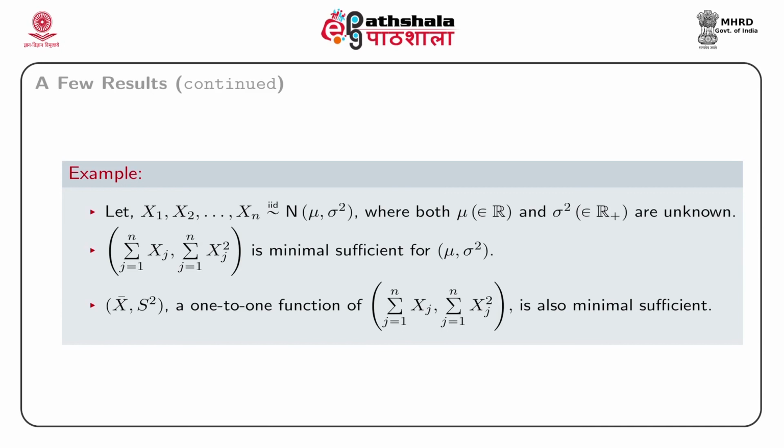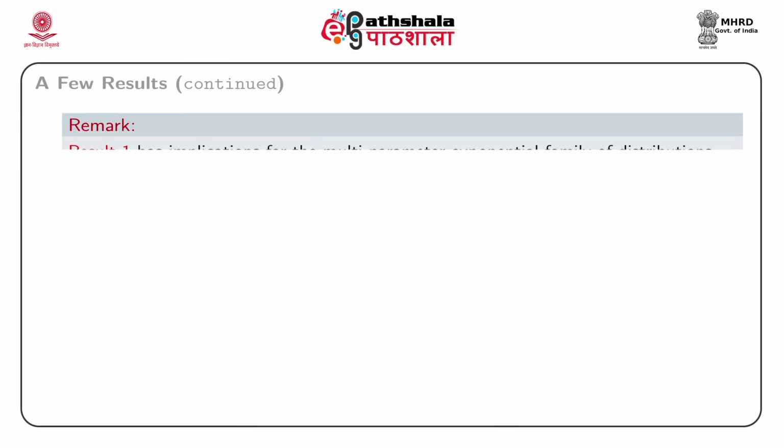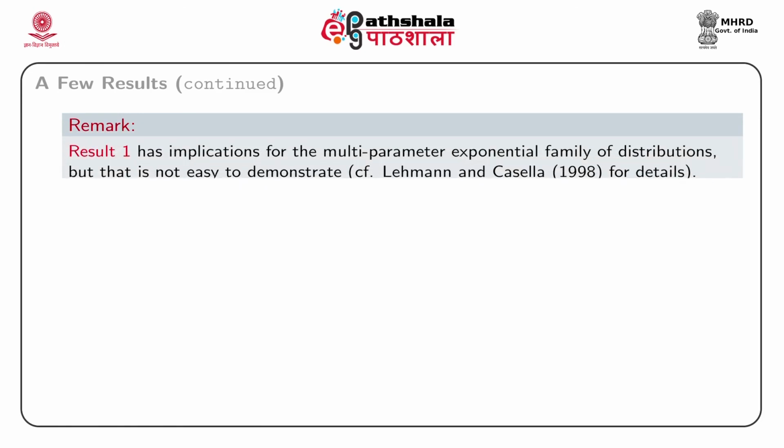Now let us close our discussion with the following result, which provides a useful tool for finding a minimal sufficient statistic within a k-parameter exponential family of distributions. It is a hard result to prove. One may refer to the book of Lehmann and Casella, 1998, for some of the details.